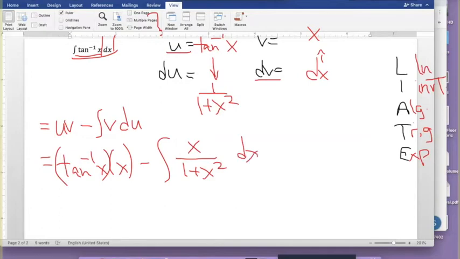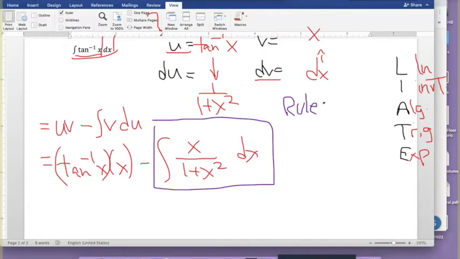And we started today by talking about doing u substitution in your head. And this is where it really benefits you, because here's what I look at when I see this integral. I'm looking at a rule using natural logs to integrate. And I see this is the argument of that natural log, and I see I need a 2x. So to do that u sub, I need a 2x, and I've only got an x.